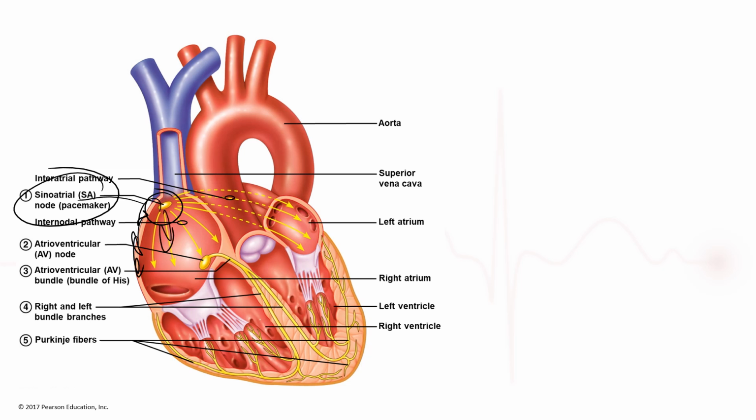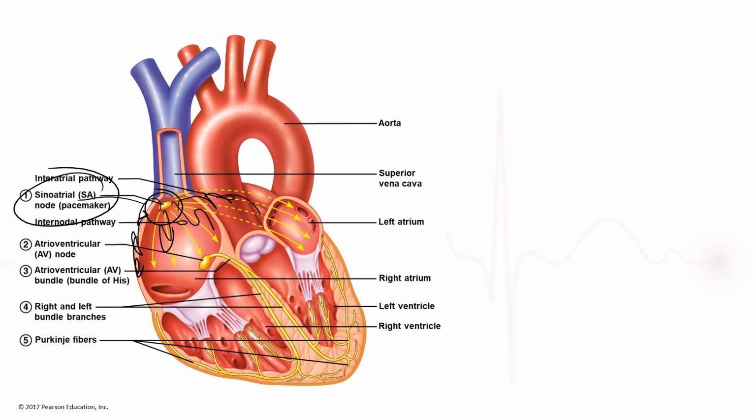The action potential moves into the cardiac muscle fibers that they're attached to through intercalated discs, and then those cardiac muscle fibers, called contractile fibers of the right atrium, start generating action potentials. And then when those contractile fibers generate an action potential, what happens?